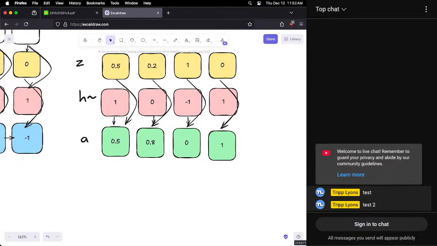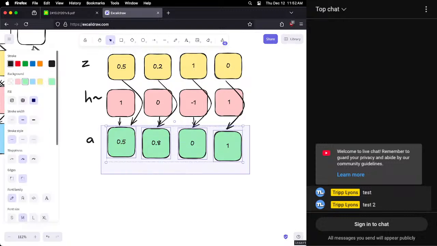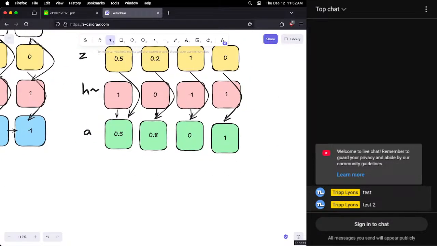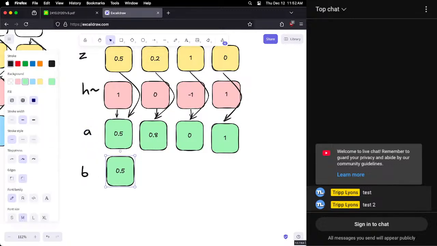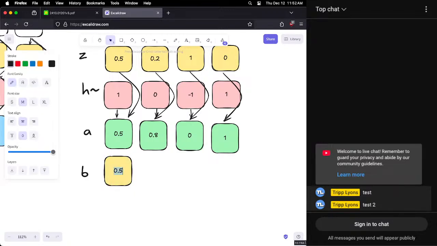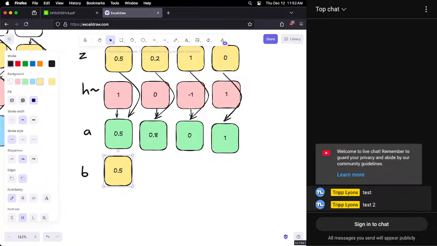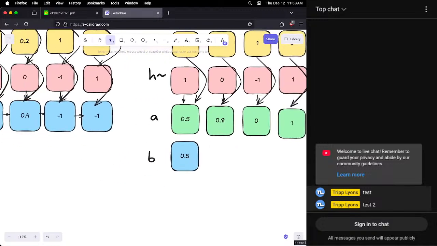Okay, so A will keep track of how much of the previous group you will need. And B will keep track of the current content of the token. I'm gonna reuse blue for B because it is close to a hidden state.